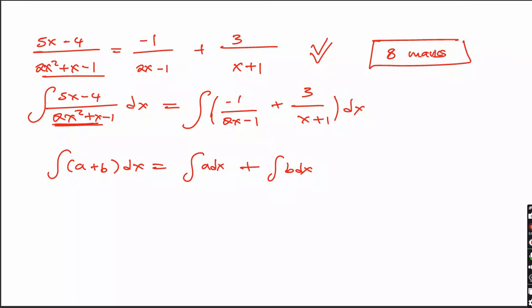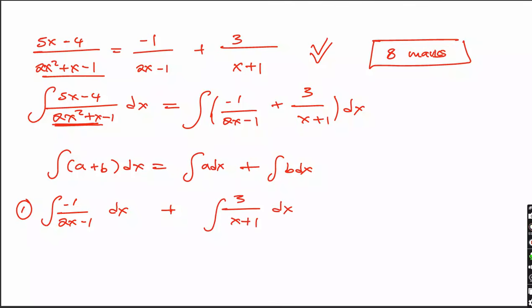We're going to find the integral specifically for -1 over 2x minus 1 dx. Then we are going to add the integral of 3 over x plus 1.